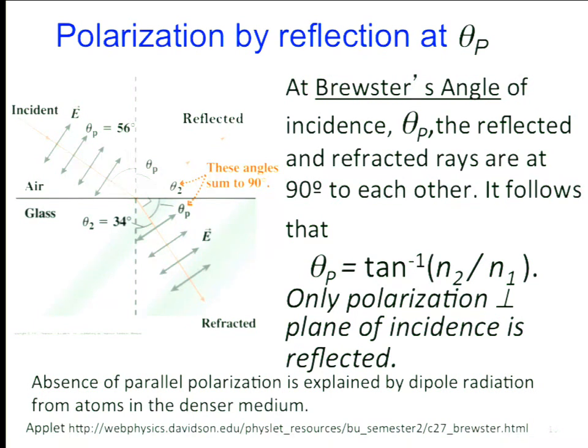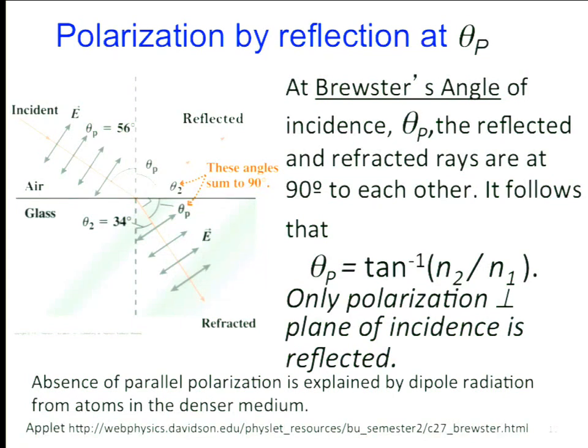Now I bring all the Brewster angle things on one side: sine over cosine theta Brewster equals n2 over n1. And the sine over the cosine, we remember from trig, is the tangent of theta b. So that's the formula for the Brewster angle. We've nicely used the fact that those two rays are at 90 degrees from each other because of the mechanism of radiation by these dipoles driven in the material.